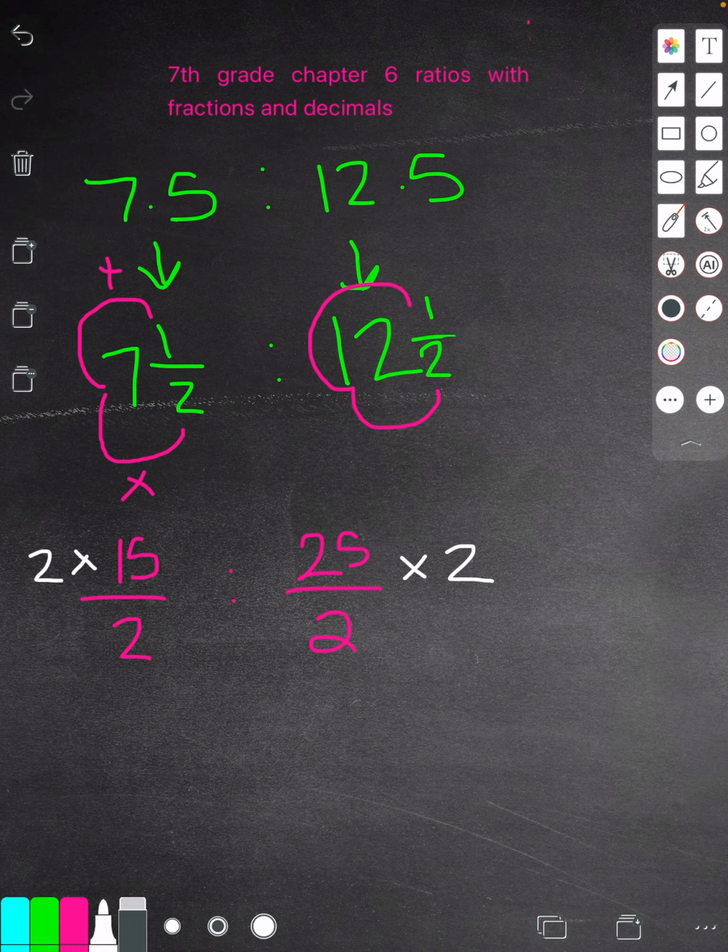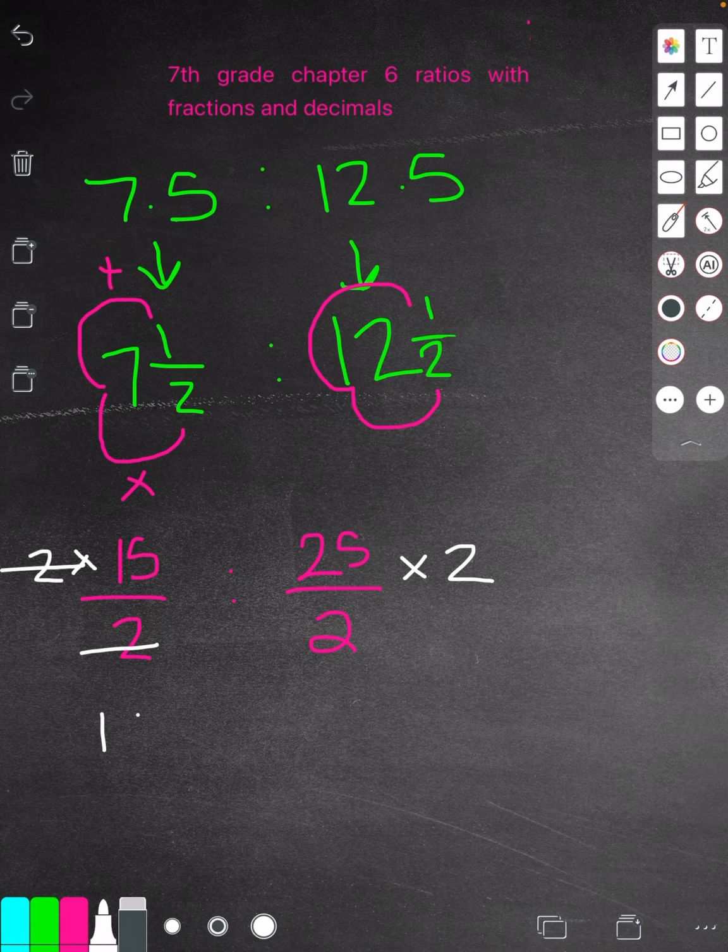Let's solve it the way that it is. 2 times 15 is 30. Now we need to divide by 2. 30 divided by 2 is 15. By multiplying by 2, you are basically canceling out your denominator and you're left with only your numerator.